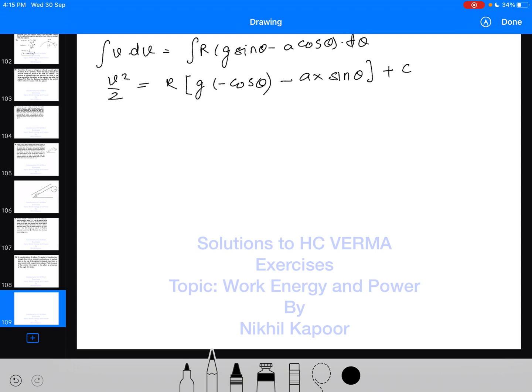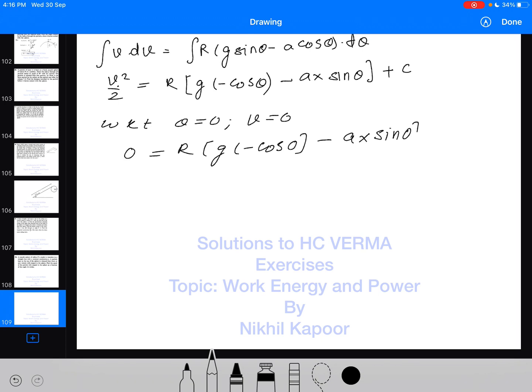To find the integration constant c, we need to put the initial condition: when theta is 0, the speed of the particle is also 0, because it started from rest with respect to the sphere. So on substituting v as 0, it will be 0 equals r in bracket g into minus cos 0 minus a into sin 0, plus c.